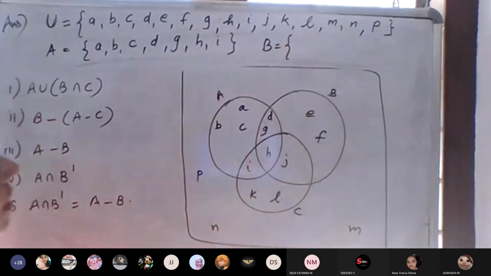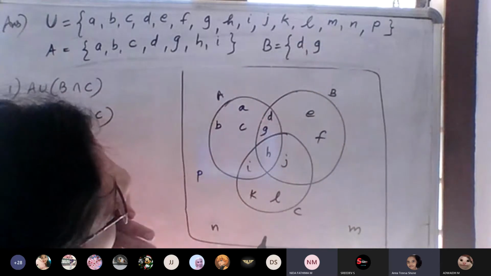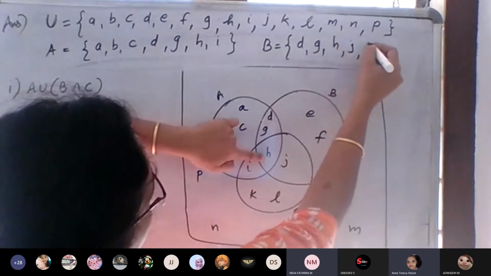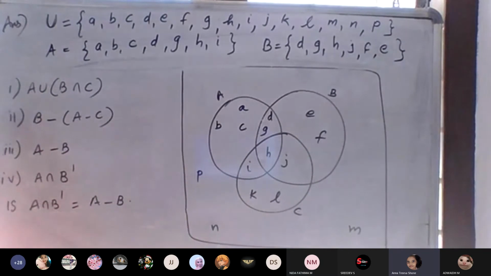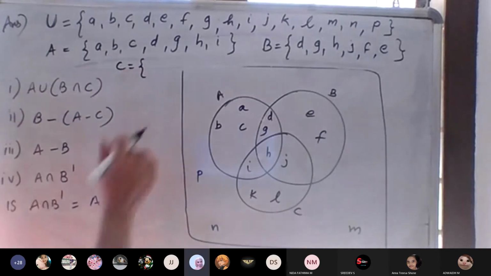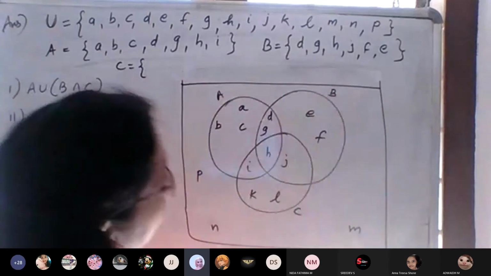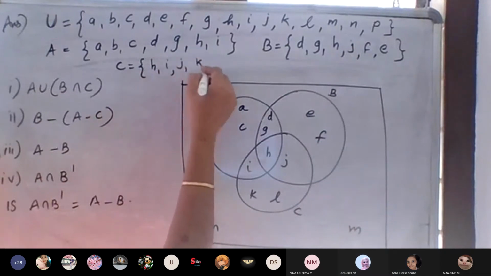Set B is equal to D, G, H, J, F, E. Then C. C is equal to the set H, I, J, K, L.